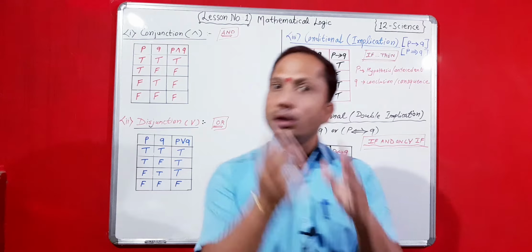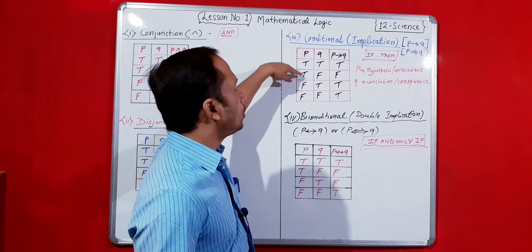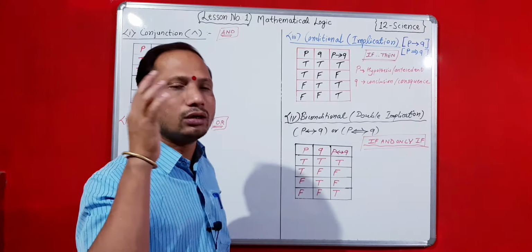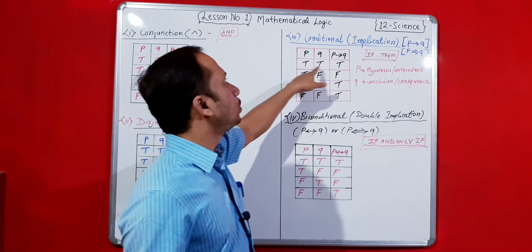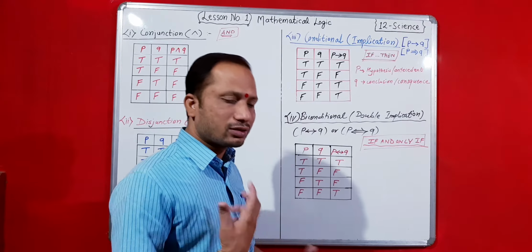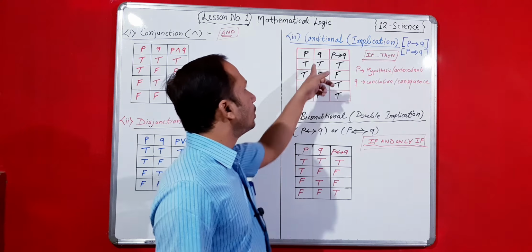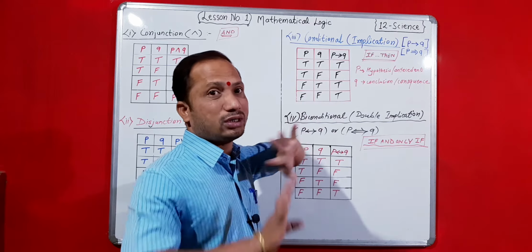Now I will show you P and Q: T F F, T F T F. These two columns remain the same in all the categories. Now, if I study hard, I will get good marks: this is true and this is true. If one is true and one is false, then it is false.